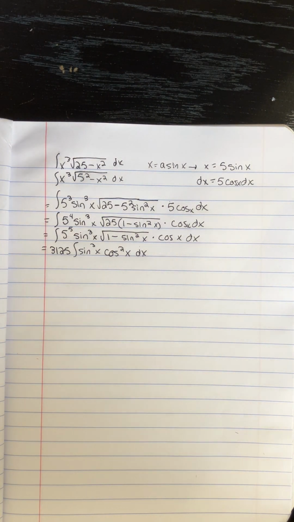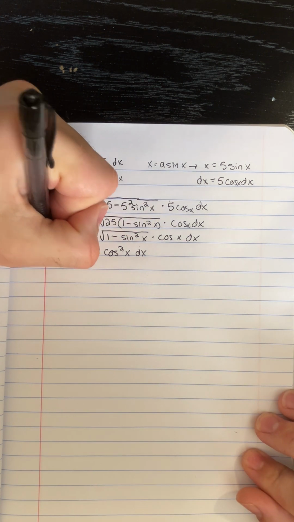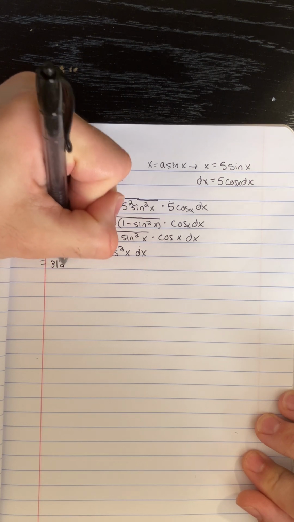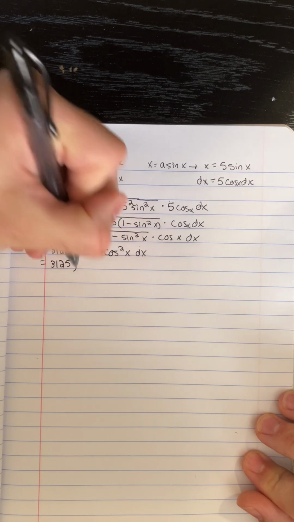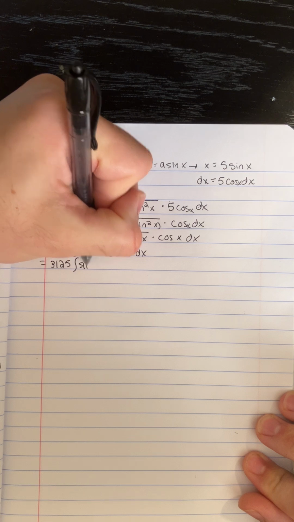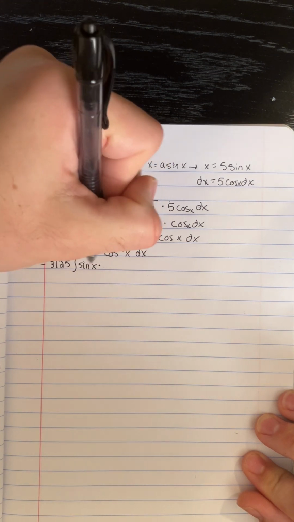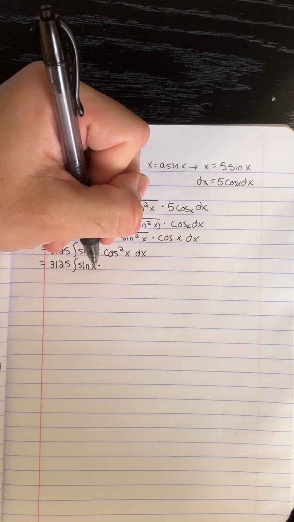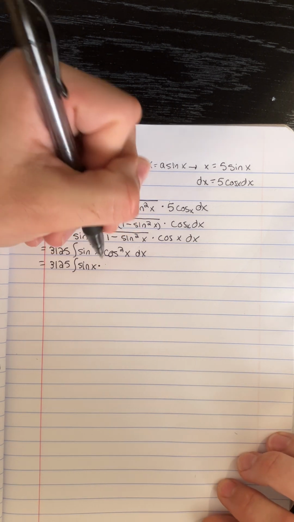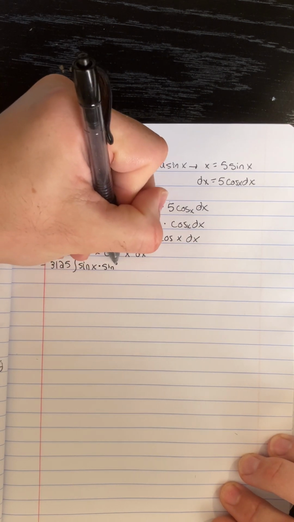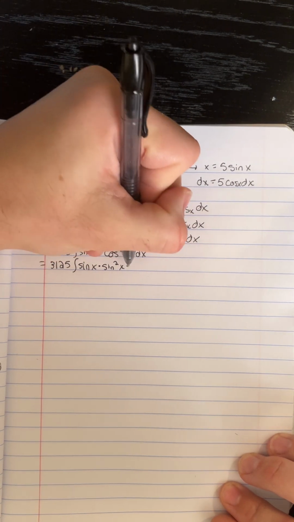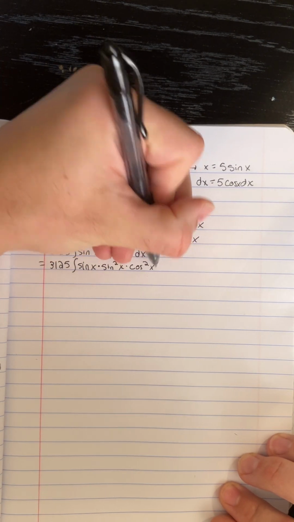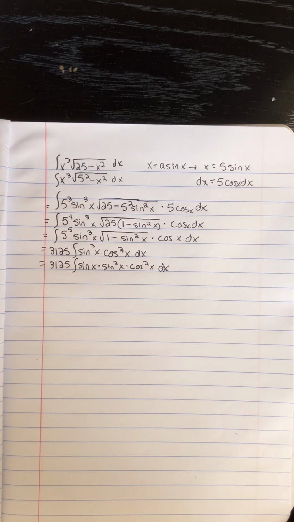This gets a little bit longer. Here we're going to use a method from, I think, 7.2. So this is going to equal 3,125, the integrand of sine of x times sine squared of x times cosine squared of x dx.